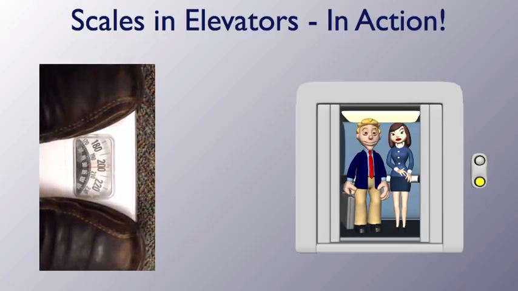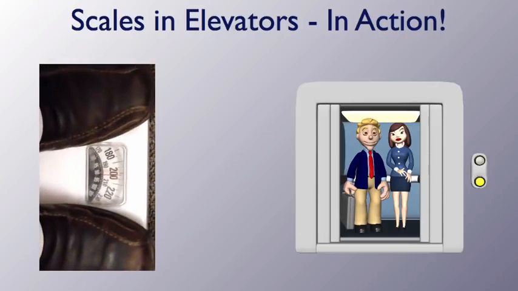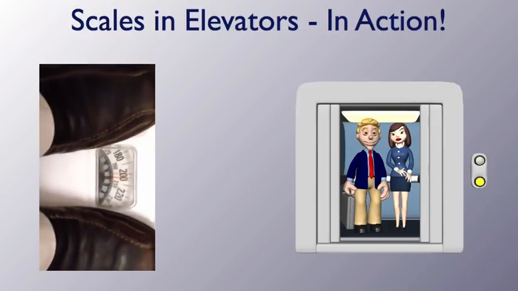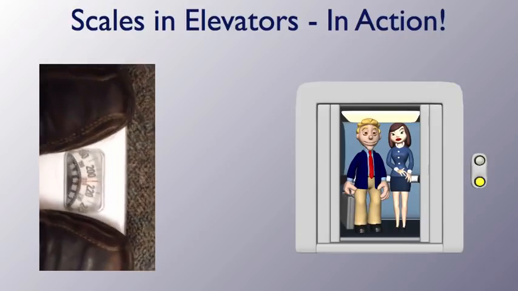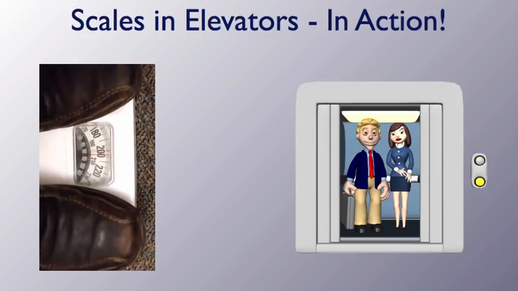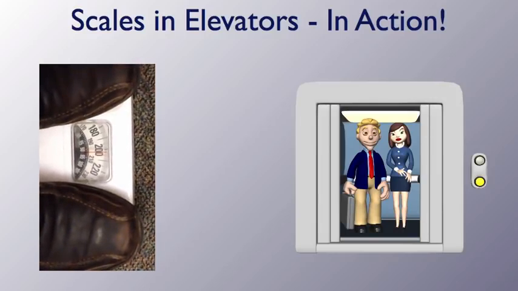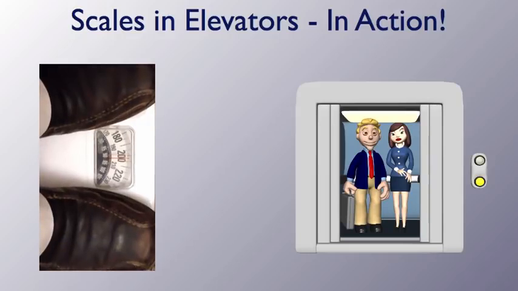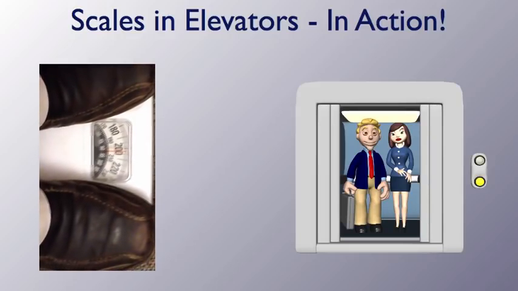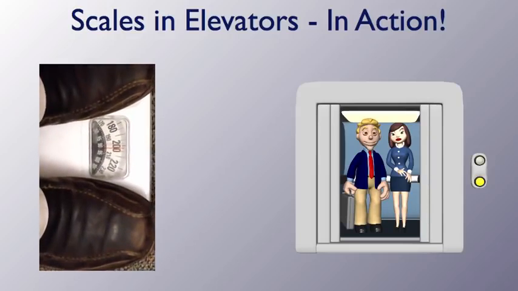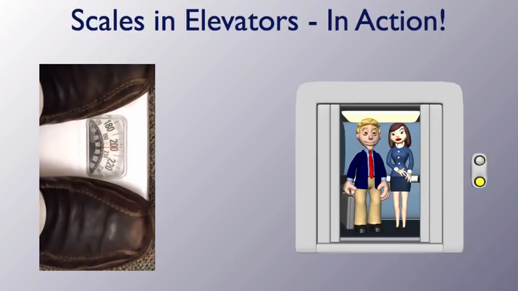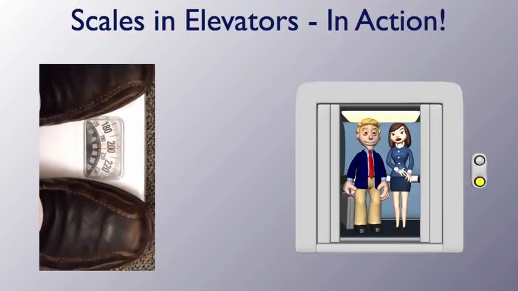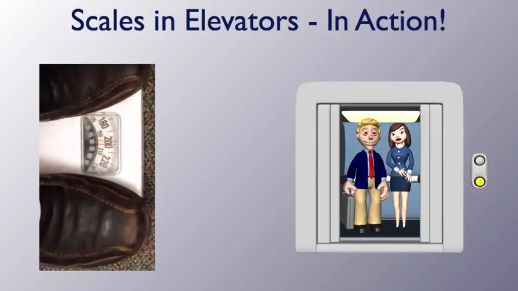All right, so let's see what happens when we adjust this a little bit. I'm going to hit the button on the elevator and we're going to go up. What happened there? Now as we go up, we're traveling up at constant velocity. In a second, we're going to slow down and stop at our highest point. Oh, what did it do there? It was lighter for a second.